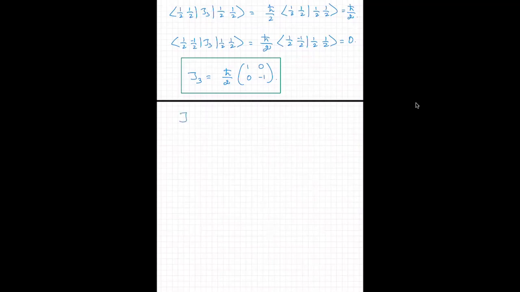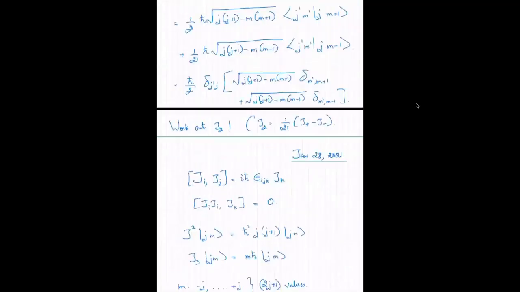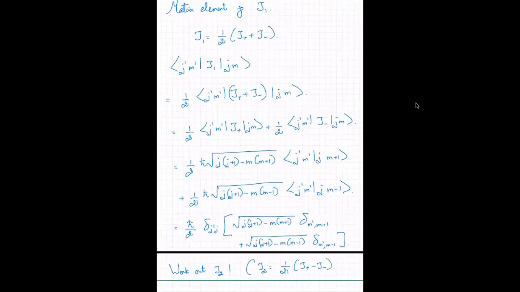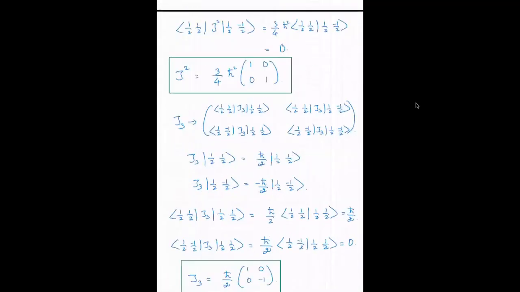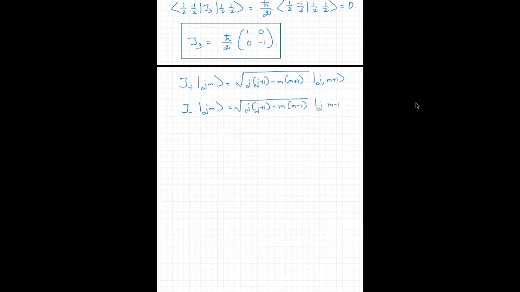In particular, I know that J plus acting on Jm is square root of J plus 1 minus M, M plus 1, times J, M plus 1, and J minus acting on this would be square root of J plus 1 minus M, M minus 1, times J, M minus 1.